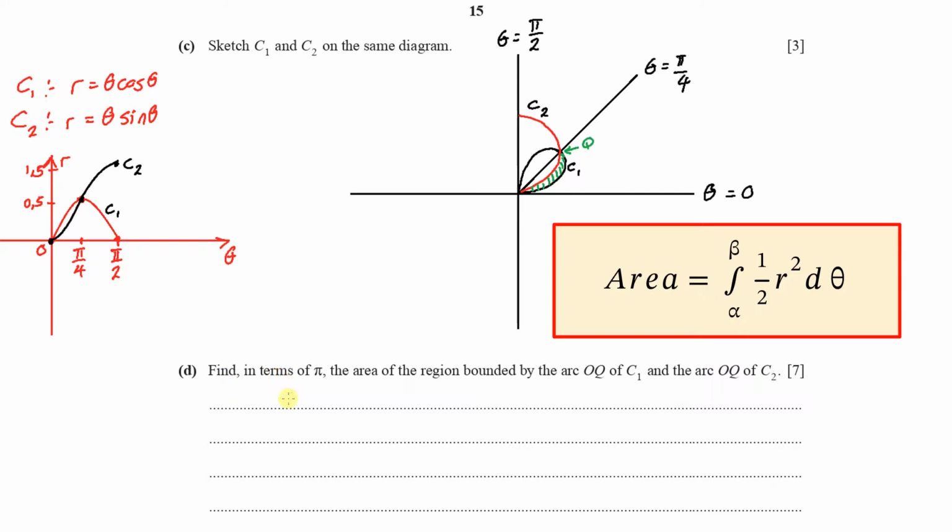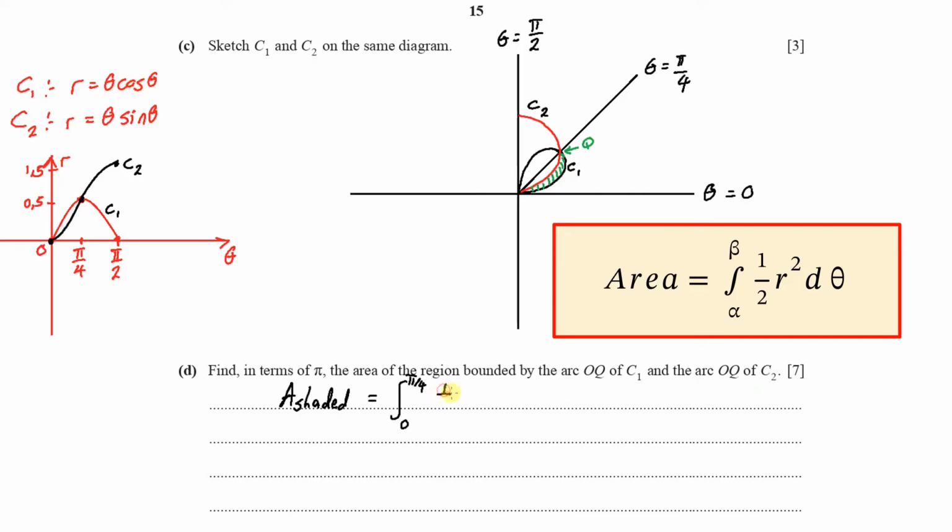So in our case, we are saying for the shaded area, that will be the integral from, in this case, 0 to pi over 4 of the first graph, that of C1. And we know the equation of C1 is theta cos theta.